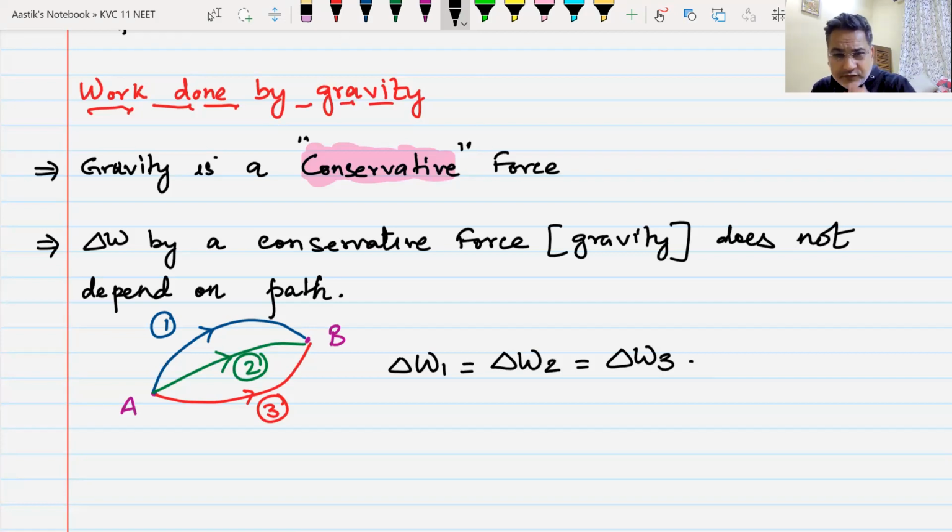Work done by a conservative force. Gravity is also a conservative force. Work done by gravity does not depend on path. It only depends on its initial and the final position.